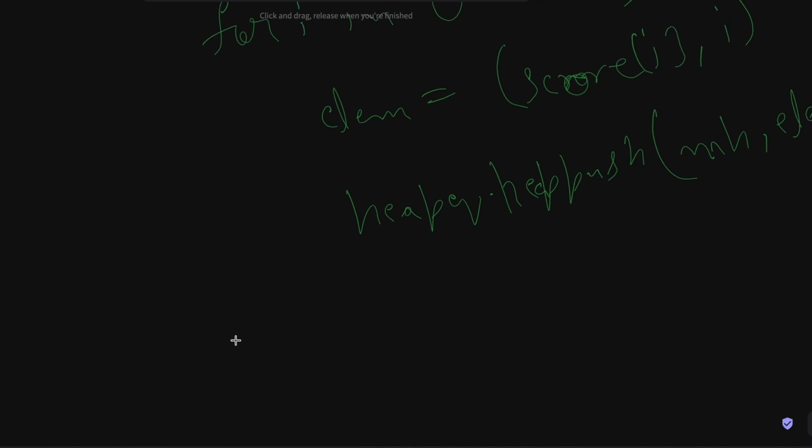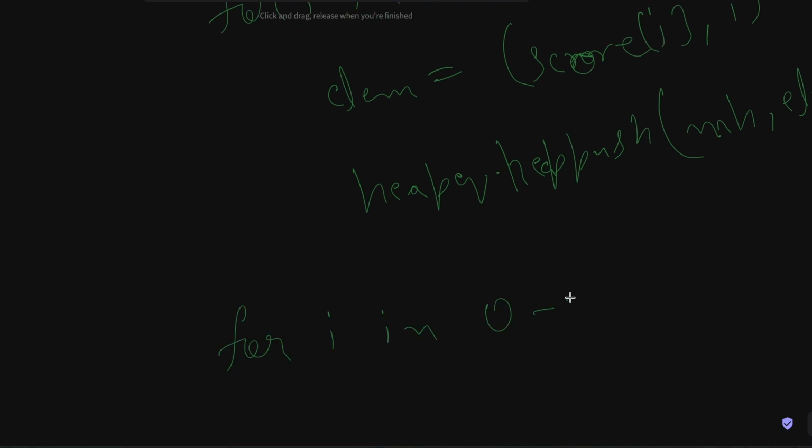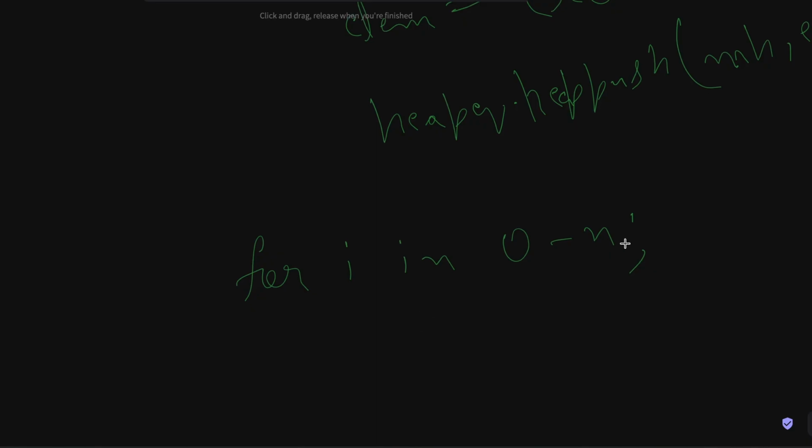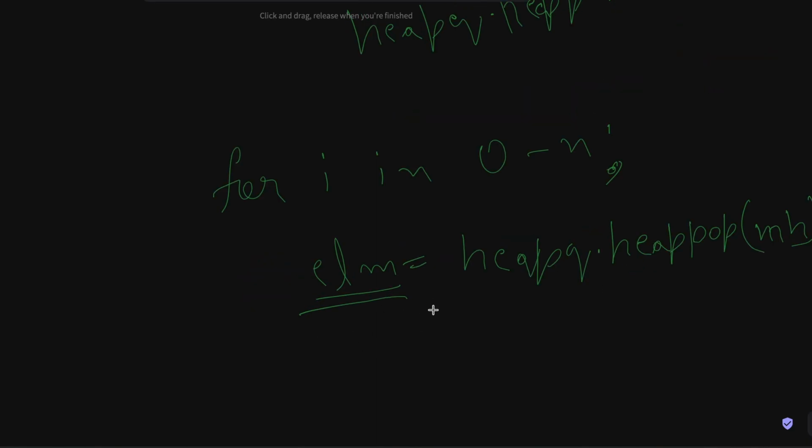After that we will simply iterate over the heap. We will go ahead and say 0 to n. Now we are iterating over the heap. First we will pop the heap. So we have popped the element from the heap, and this element will have the maximum score currently available in the heap. So we will take its index, wherever this thing was in the score array. So index is going to be element[1], because we have this in the tuple: score is at the 0th place and i is at the first place.